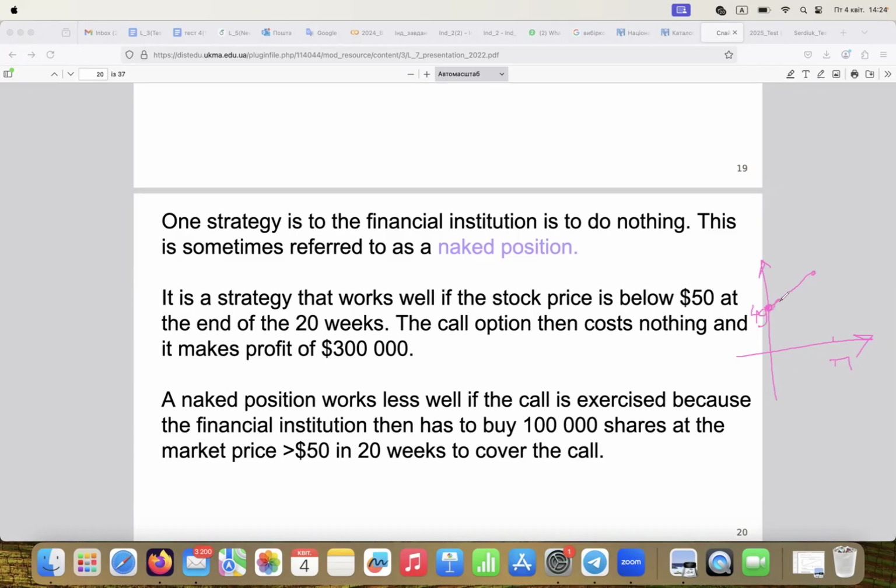Maybe the first scenario is that this realization is more than 50. More than 50. Because 50 is the strike price. K equals 50.